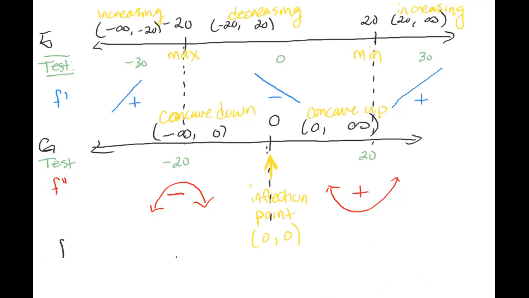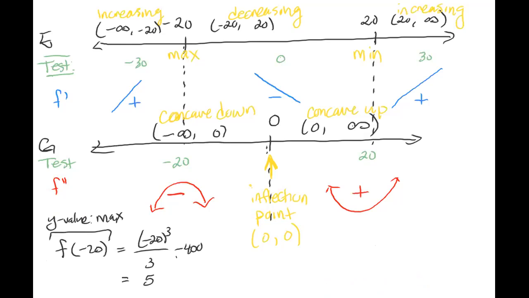So f of -20, this is the y value, i.e. the maximum value or relative max value for the function. It's equal to -20 cubed over 3 minus 400. If I put that in my calculator, I get 5,333 1/3.